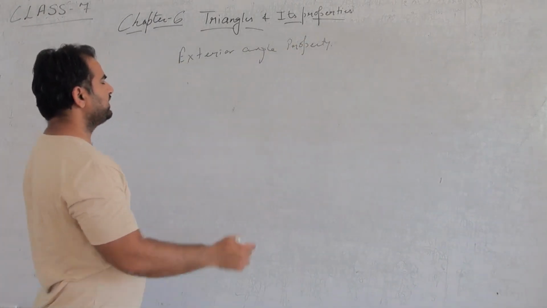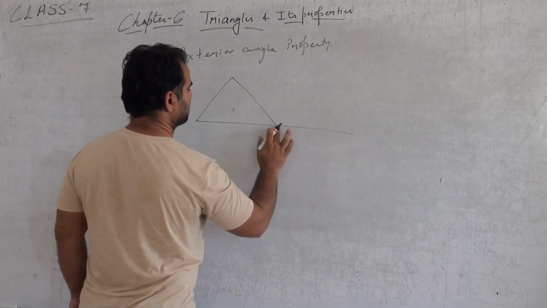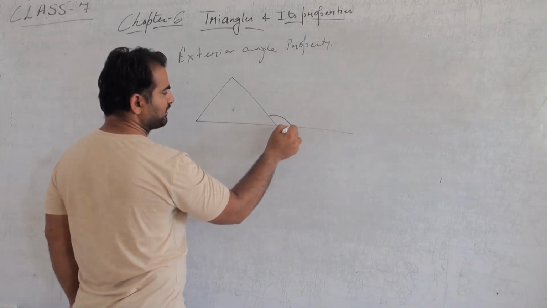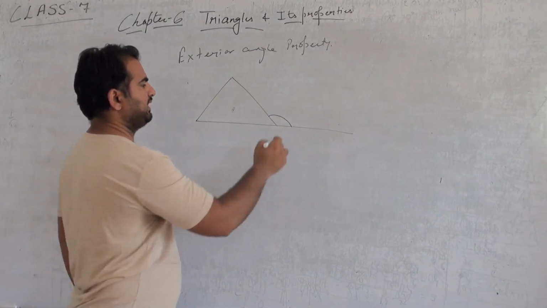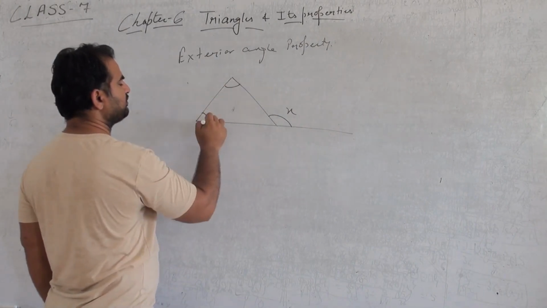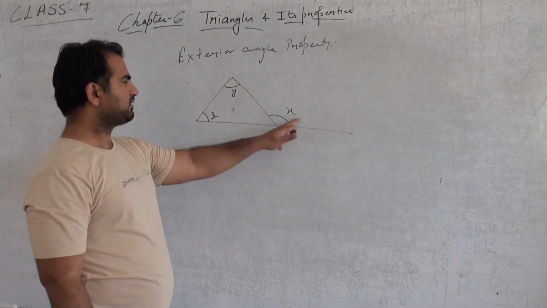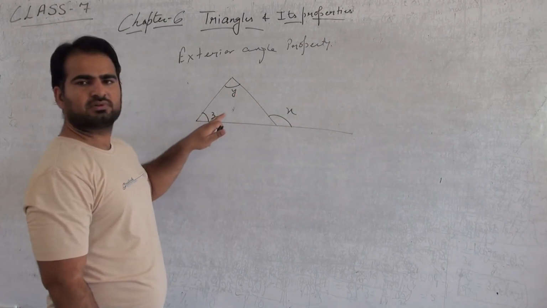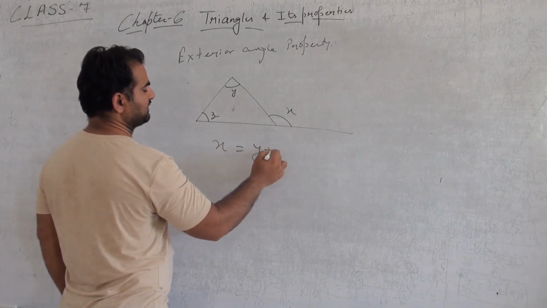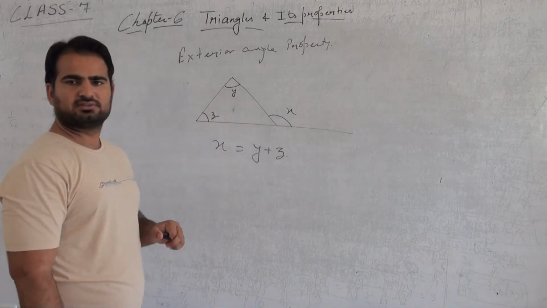In a triangle, this exterior angle x is always equal to the sum of the two opposite interior angles. This exterior angle is always equal to the sum of these two interior angles. So x is equal to y plus z.